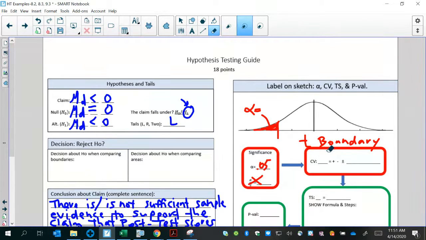Side note, if your n is large enough, you can still get away with using z-scores, but for your purposes, just use the t distribution whenever you don't have the sigma, the population. Okay, so we're using t because sigma is unknown.